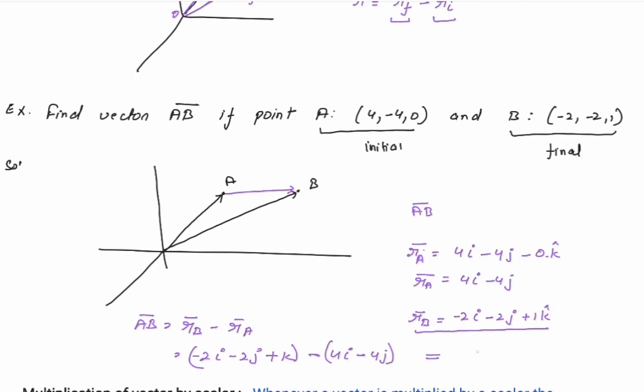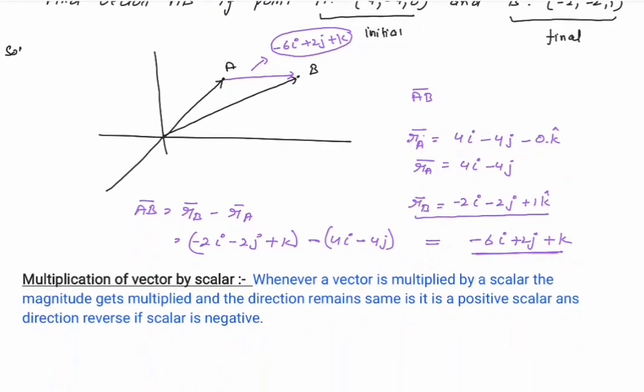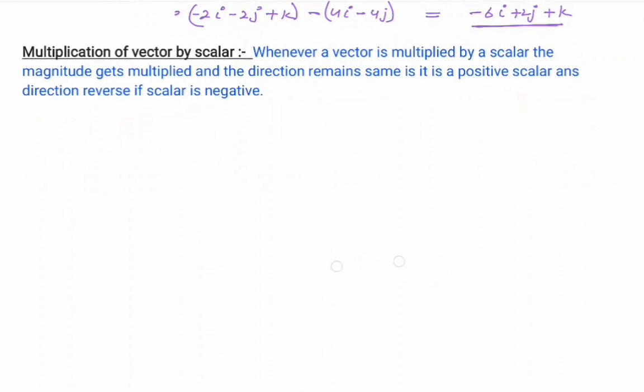You will get the final answer as minus 6i cap plus 2j plus k. This is the displacement vector, or vector AB: minus 6i cap plus 2j plus k. Okay, is it clear? Now move to the next point.